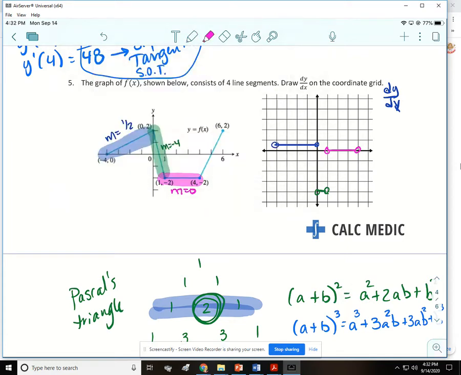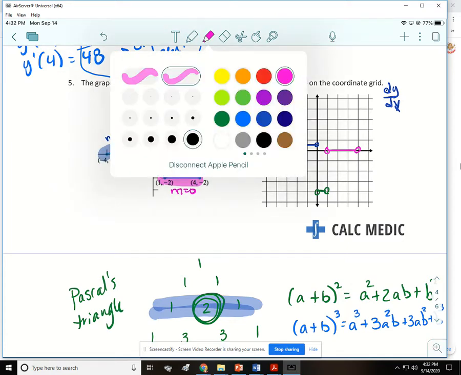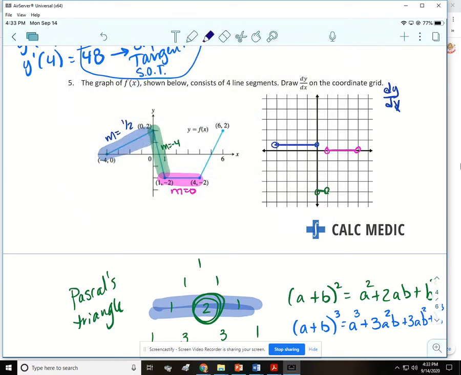All right, and then finally, this section here, I go up 4, and right 2.